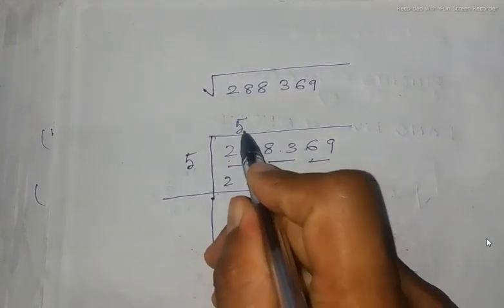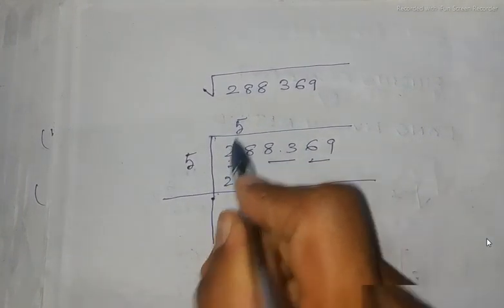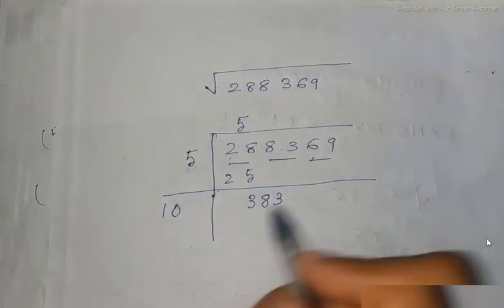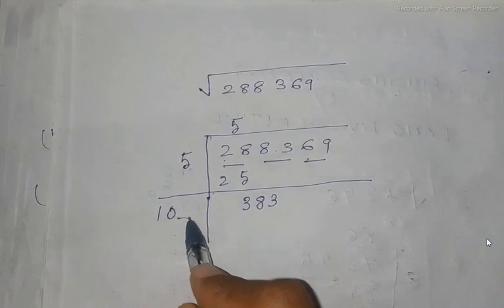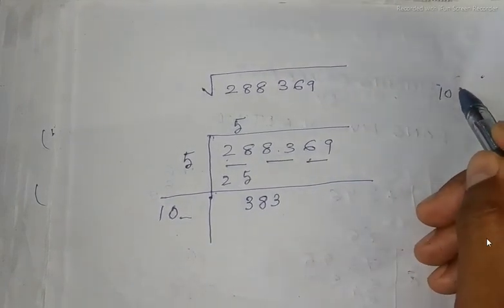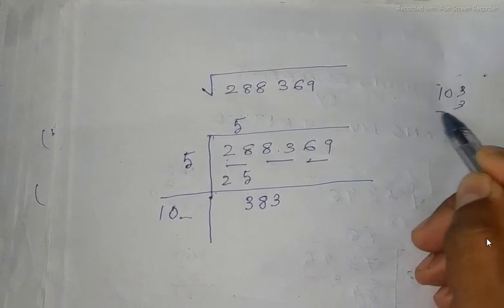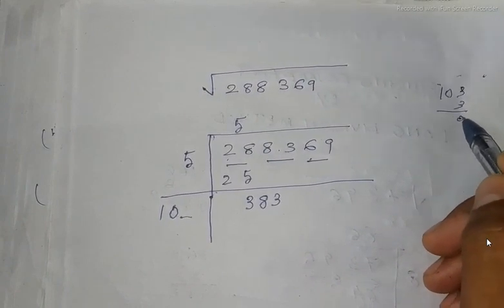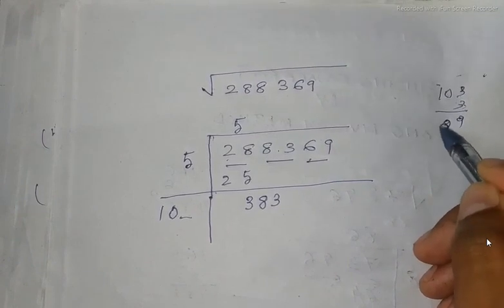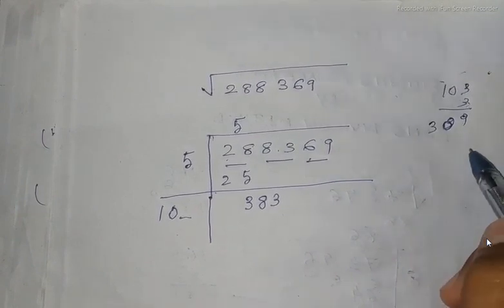We have to double the quotient. What is the double of 5? It is 10. Here we have to take one digit. 103, suppose I am taking 3. 3 3s are 9.